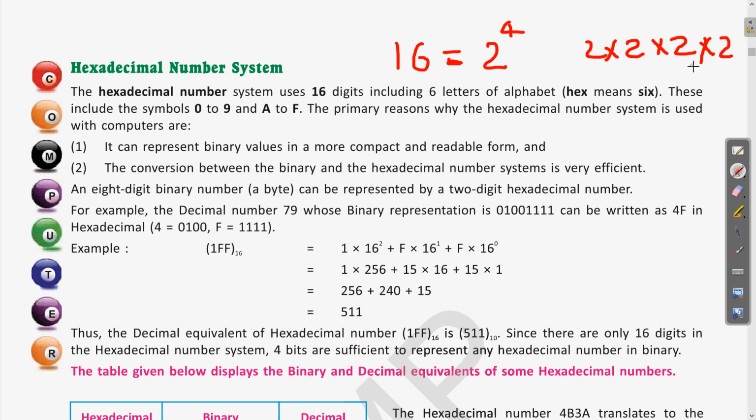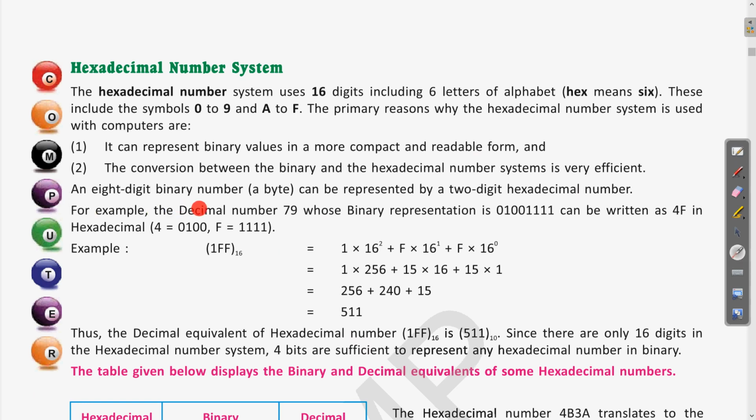So these 4 number of times when we multiply 2, we will get 16. 2 to 4, 4 to 8, 8 to 16. So this 4 denotes that 4 places will be used for denoting a single hexadecimal digit. If you are writing the binary of that, it will take 4 places or 4 digits. Clear? Let us complete the reading also.